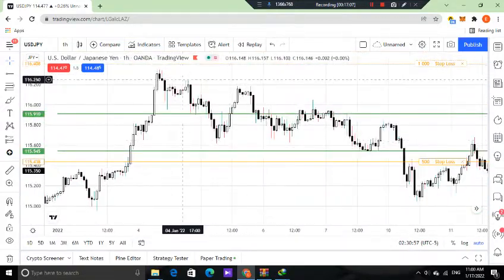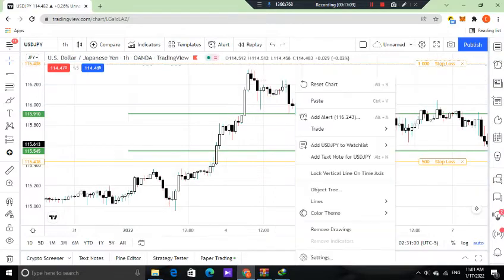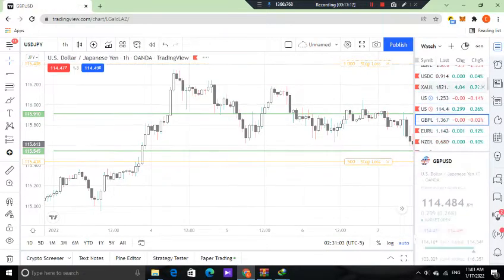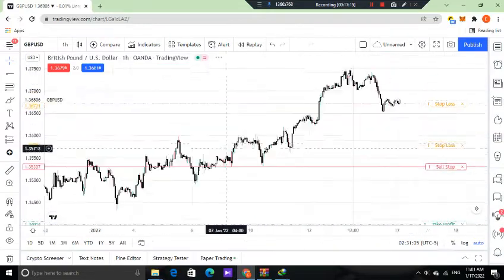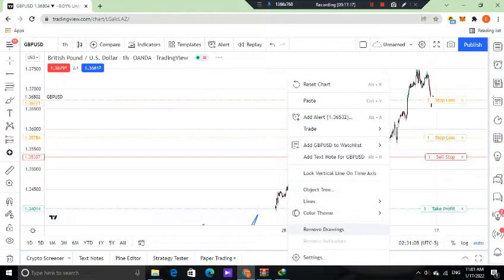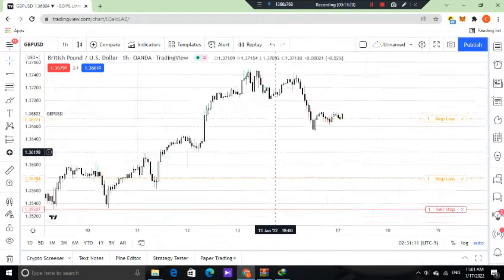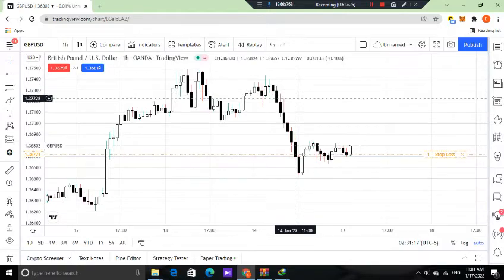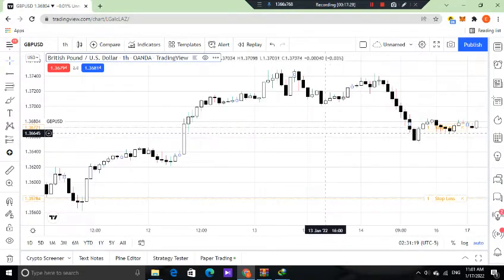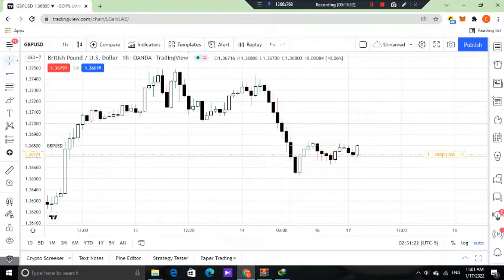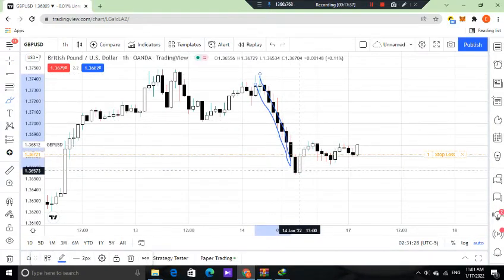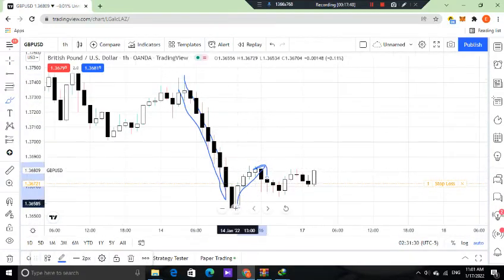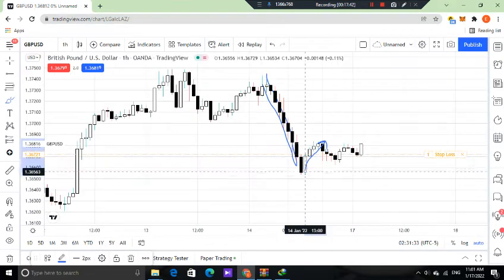Okay, let me find. Let's check out another chart for diversity. Okay, you have a pivot here, and this is your entry bar and signal bar at the same time.